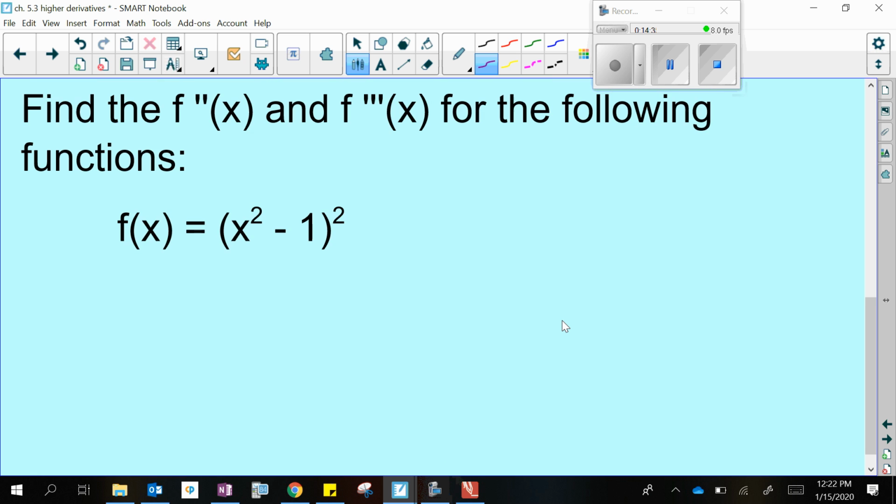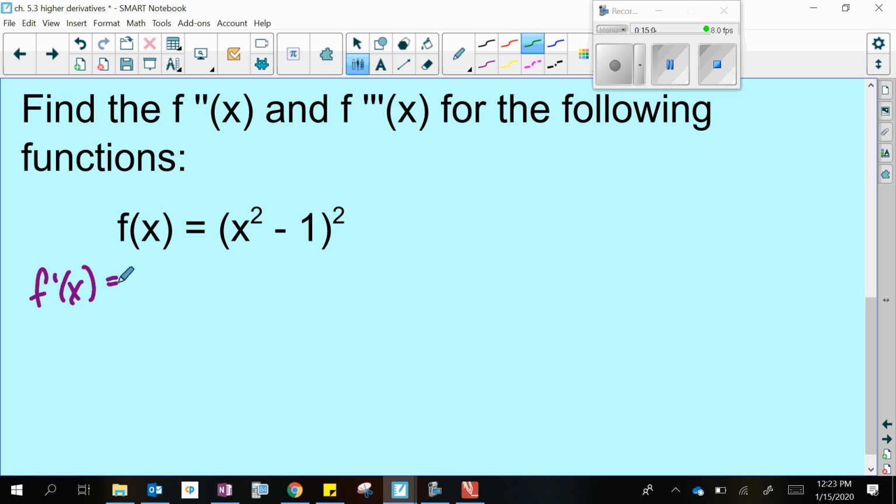So just to make sure we don't get complacent in our derivative-taking skills using other rules, let's go ahead and take the second and third derivative of this function. These are not polynomials. To take the first derivative, what rule am I going to use? Chain rule, right? So what's the first thing I'm going to do here?